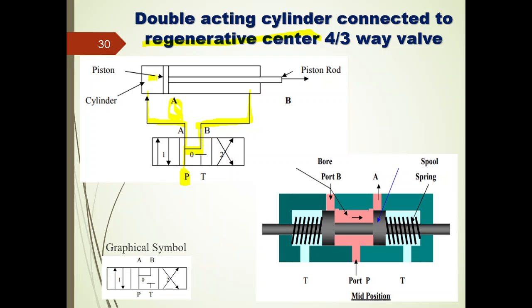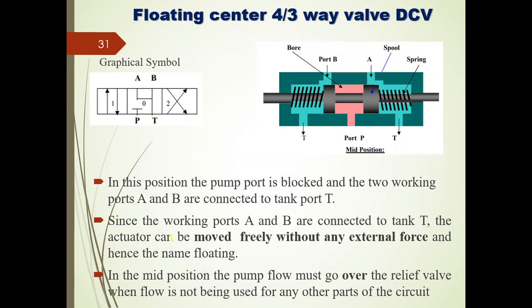So the amount of fluid acting on the blind end side will be more, so I will get more velocity during forward compared to the reverse, right? So that is in the case of the regenerative type of 4 by 3 valve, right? As usual it will work, but the only advantage is I can get two different speeds with this type of DCV.